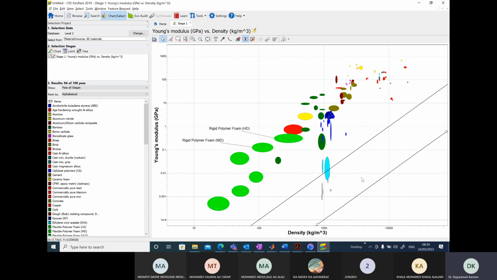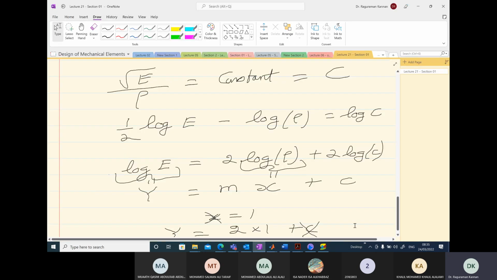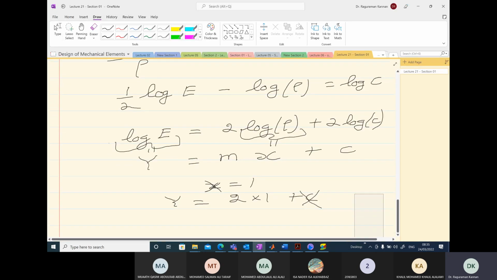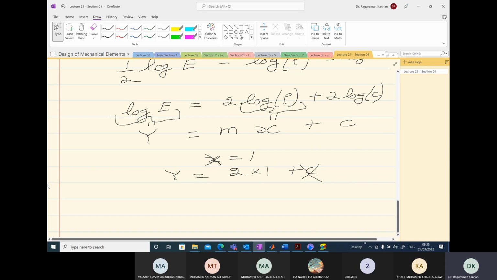Rather, we can find the general direction along which the value of the material index is maximized. Okay, so we need to find where this index is maximized, in which direction this ratio is maximized. This is very easy to find.